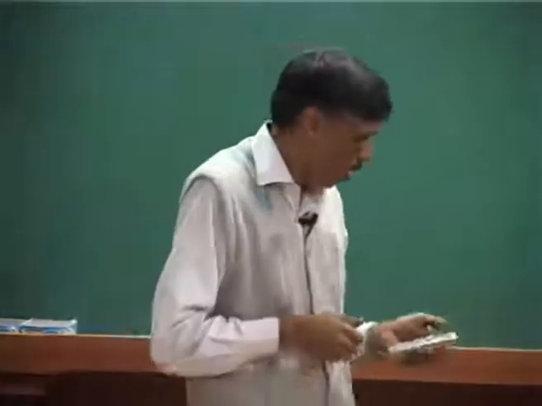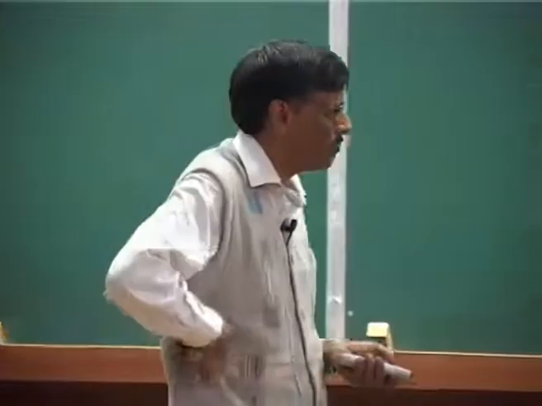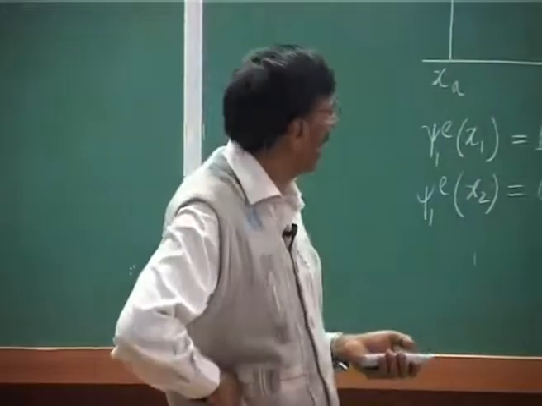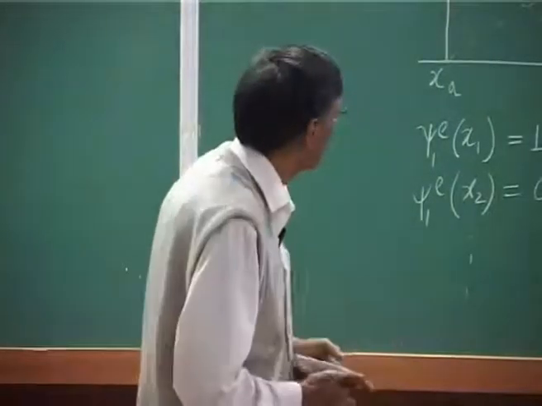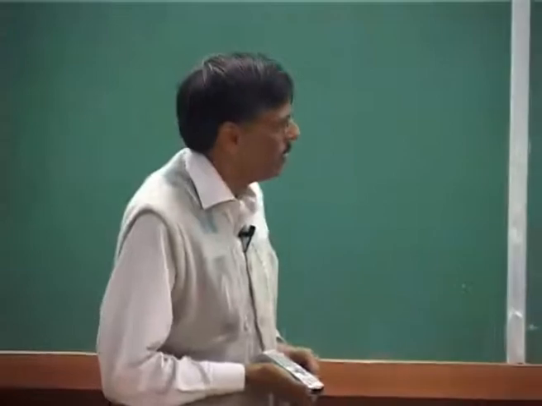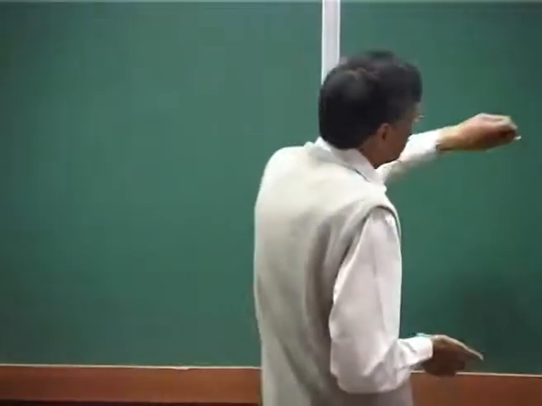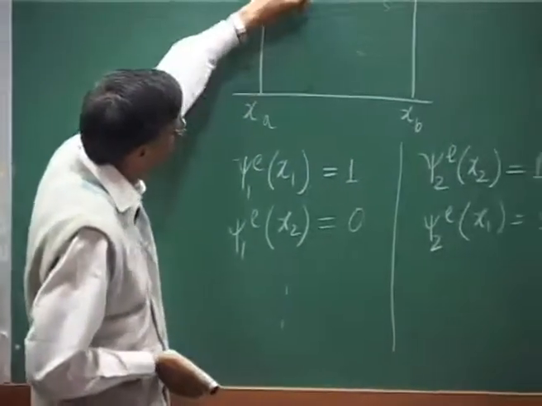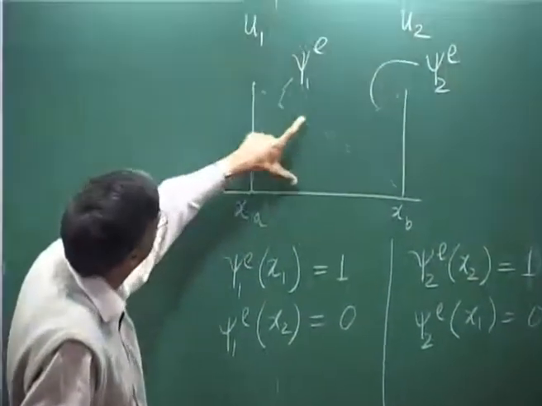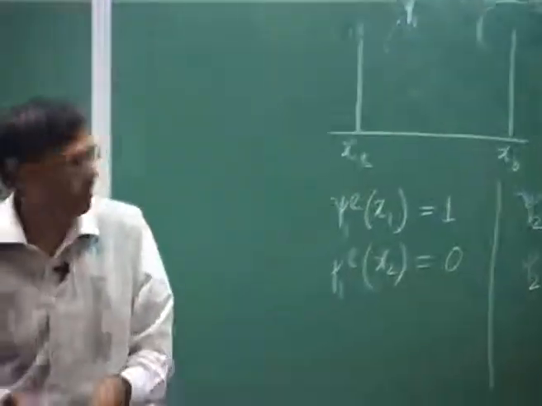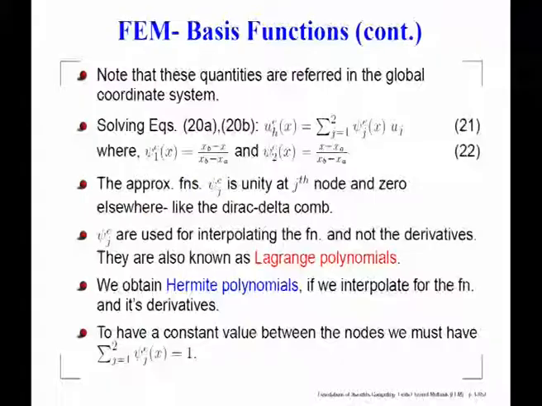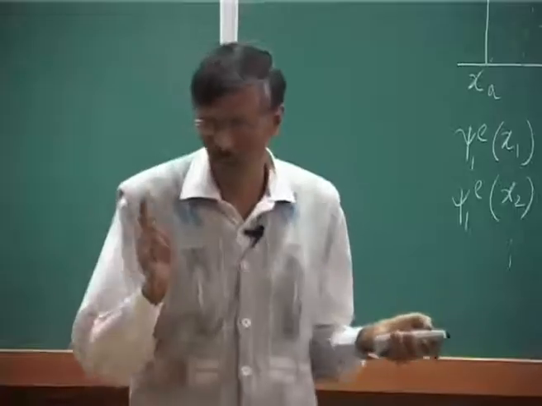There is another property that you also notice: the psi j's that we have at any x location will always add up to 1. That you can very clearly see from equation 22. If I add psi 1 plus psi 2, you can see the x part will cancel and you will get the sum equal to 1.